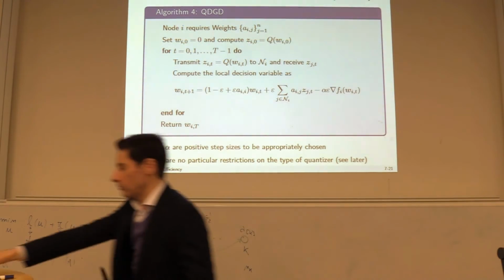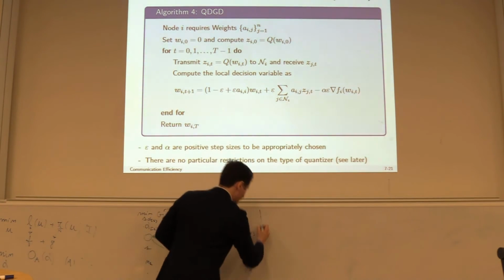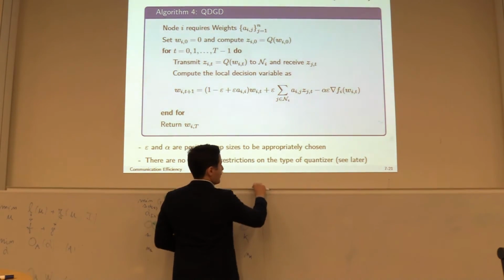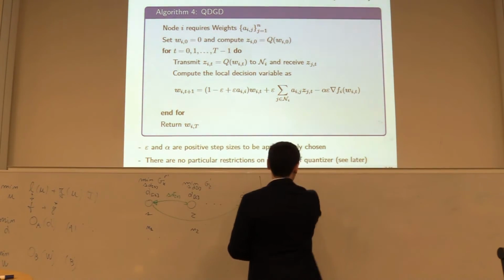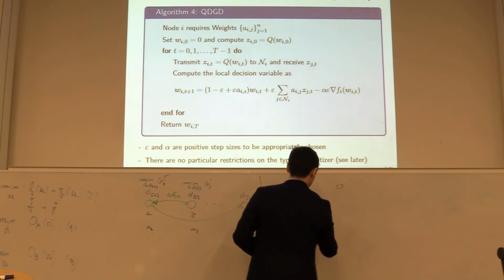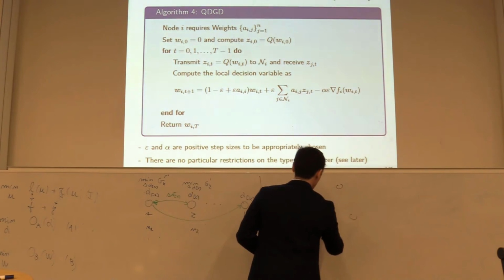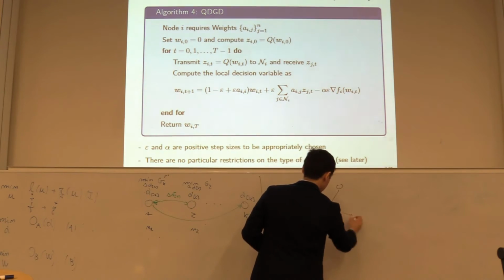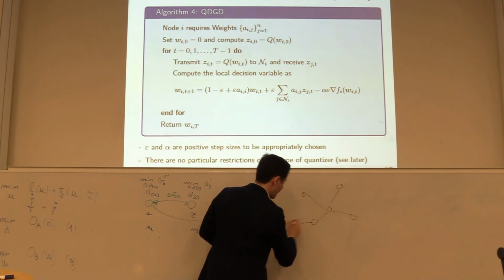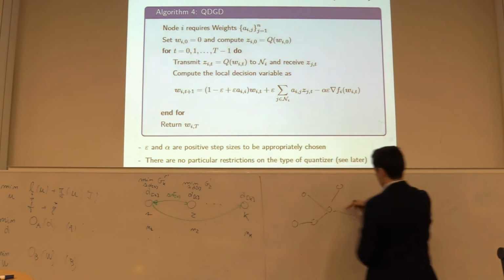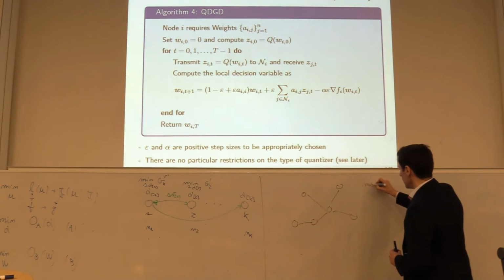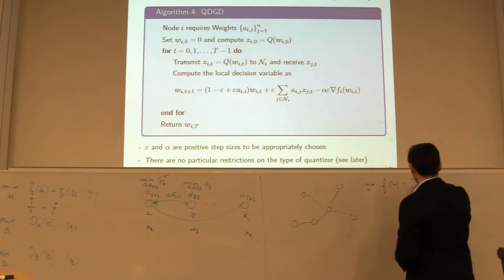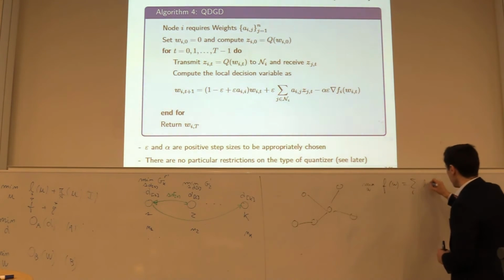Okay, just to keep our attention focused, here we have some network of nodes. The nodes could have neighbors like this, and this network wants to solve this machine learning minimization problem, f of w, which is the sum over the nodes of f_i of w.